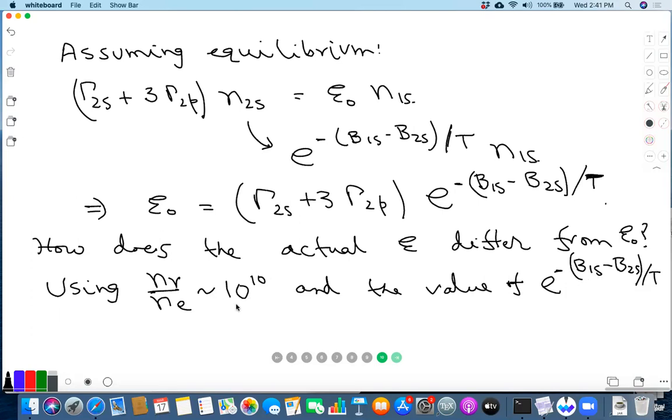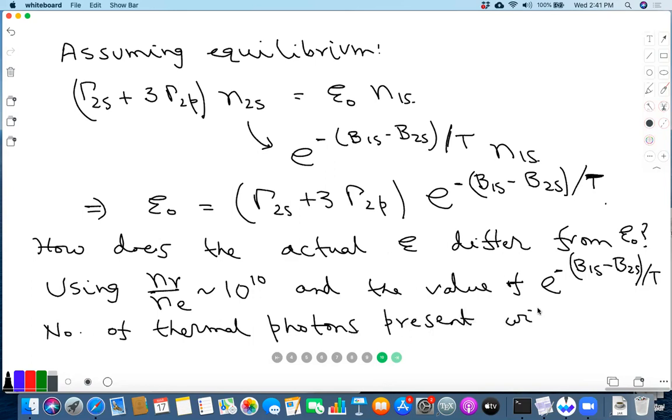And that number, if you multiply 10 to the 10 by this number, you will find that the number of thermal photons present with energy B1s minus B2s is small compared to Ne. Namely, this basically dominates over this 10 to the 10.